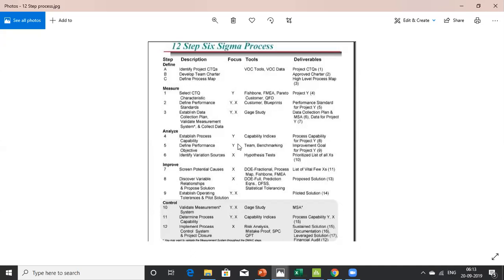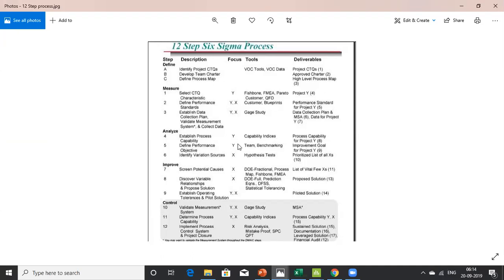And the 6th point was to identify variation sources from all the X's identified using a fishbone analysis. We will first do a box plot Pareto to see which X is contributing more. And just to prove whether this is significant or not, we go ahead and do a hypothesis test and only prioritize the one which is critical. And that's where we are with the story in terms of analysis.